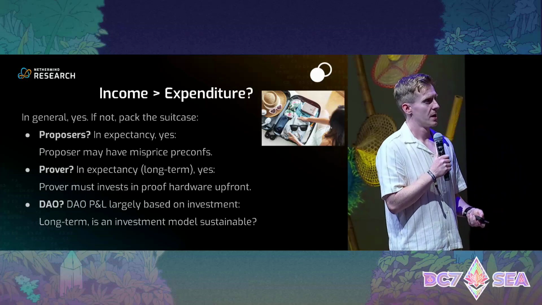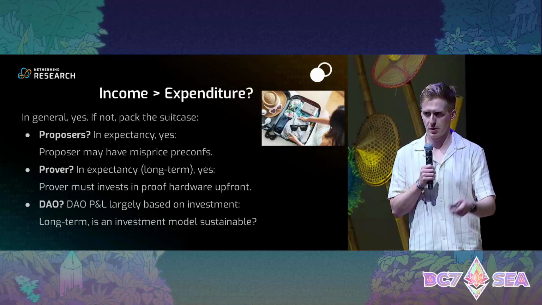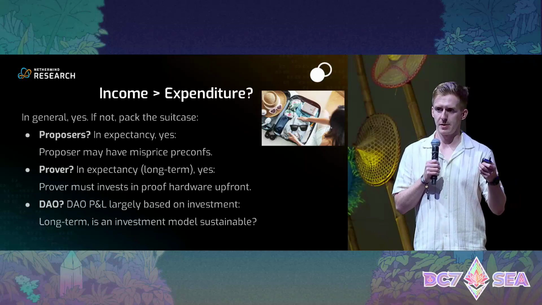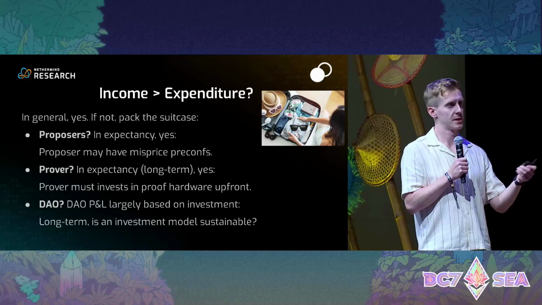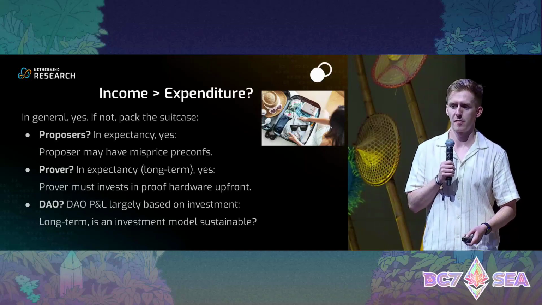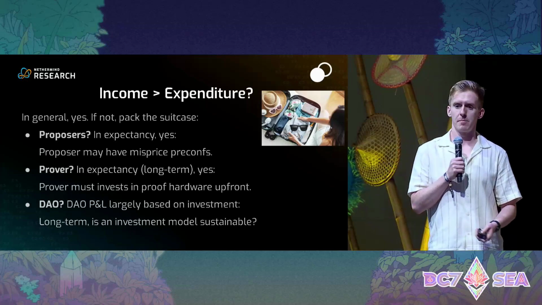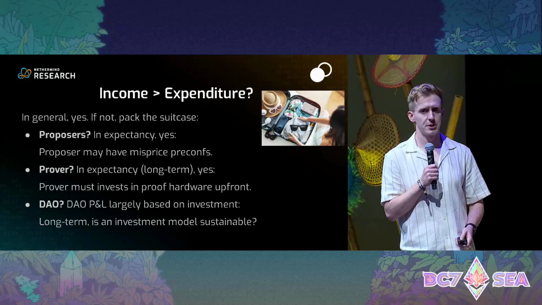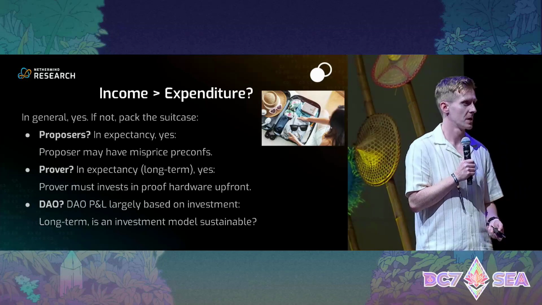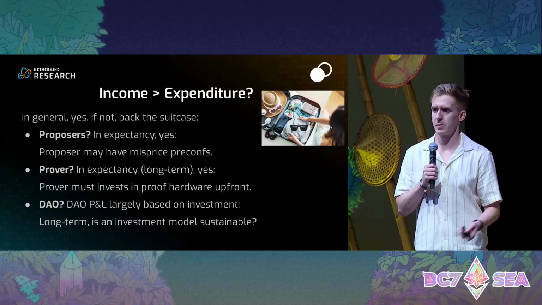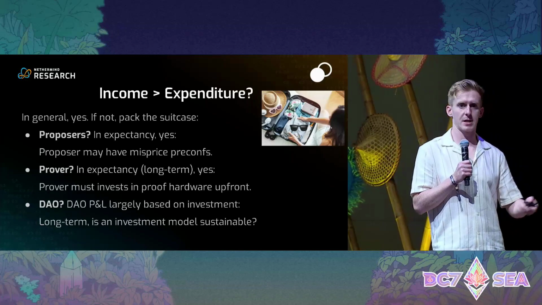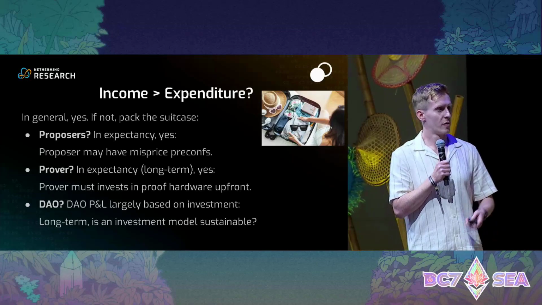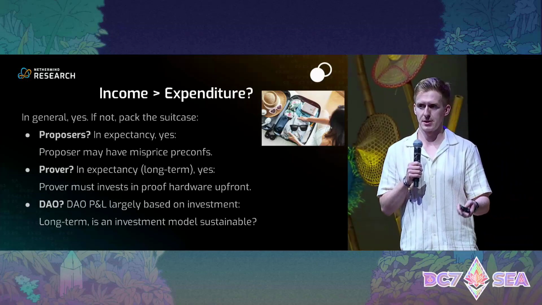But there is new technology coming along, and there's probably going to be more, where proposers may not actually be profitable in the short term, because they may commit to offering pre-confirmations, for example, and if you offer a pre-confirmation too cheaply, it may be significantly more expensive to renege on that pre-confirmation than just posting it at a small loss on the L1. The prover, in expectancy and long term, yes, but again, it may be a substantial cost to pay for proving hardware. So the prover must invest and see that there is a substantial chance of return.